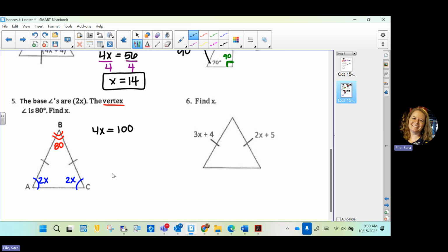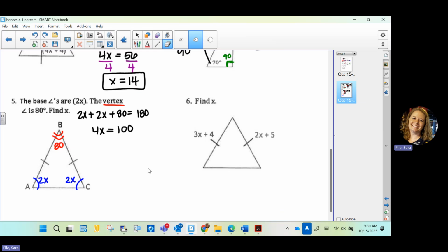So some of you may have started with this: 2x plus 2x plus 80 equals 180. The people who are starting at 4x equals 100 in their heads are thinking, if that's 80, we've got 100 left here and here, and then that's 4 x's. Everybody good?